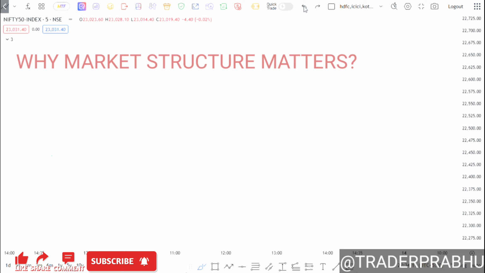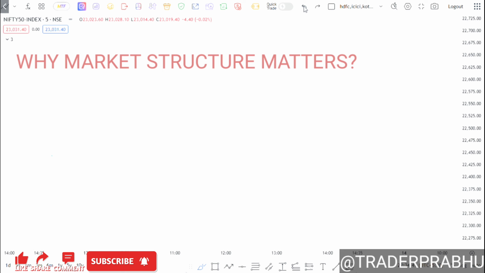Now, why does market structure matter? Let's say you don't check the road signs while driving. What happens? You might take the wrong turn. This is exactly what happens when traders ignore market structure. If you buy in a downtrend, you might lose money.